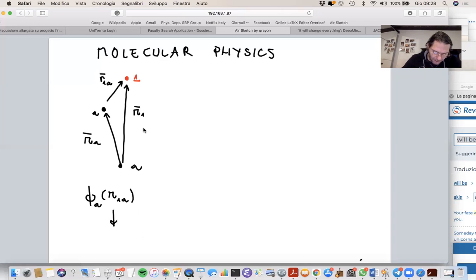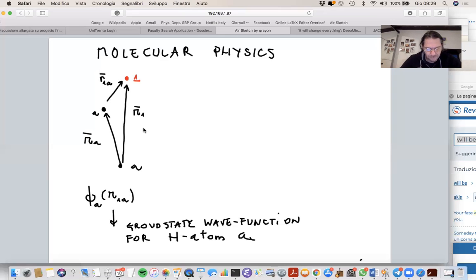And this is supposed to be the ground state wave function for H atom A. Very well. Now, what does that imply?